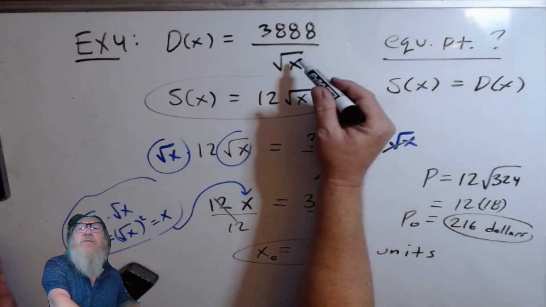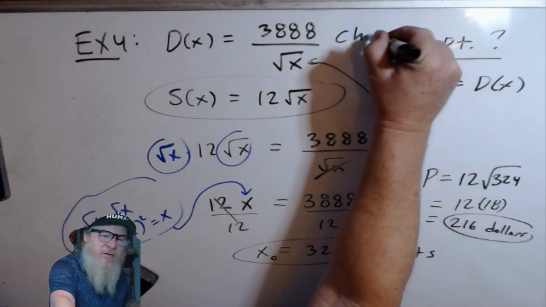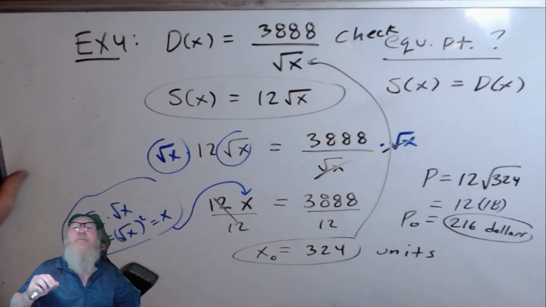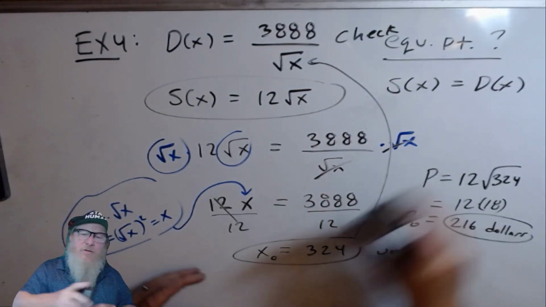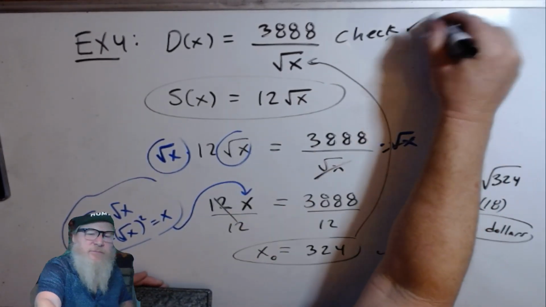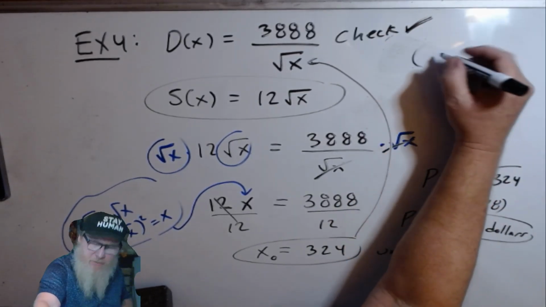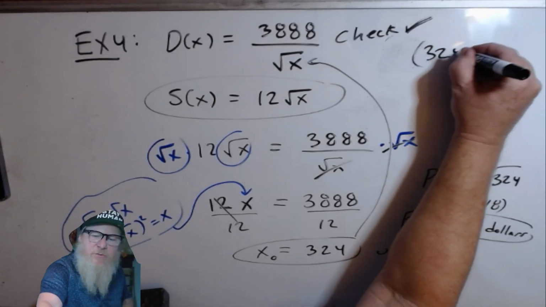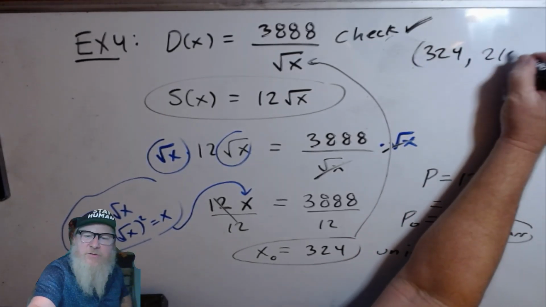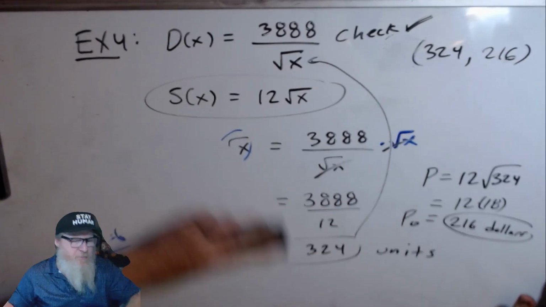You can check that if you plug in 324, that you will in fact get 216. If you don't, send me an email and say, Dr. Jordan, you didn't check and you should have checked. So our equilibrium point is 324 and 216. And now we can find our surpluses.